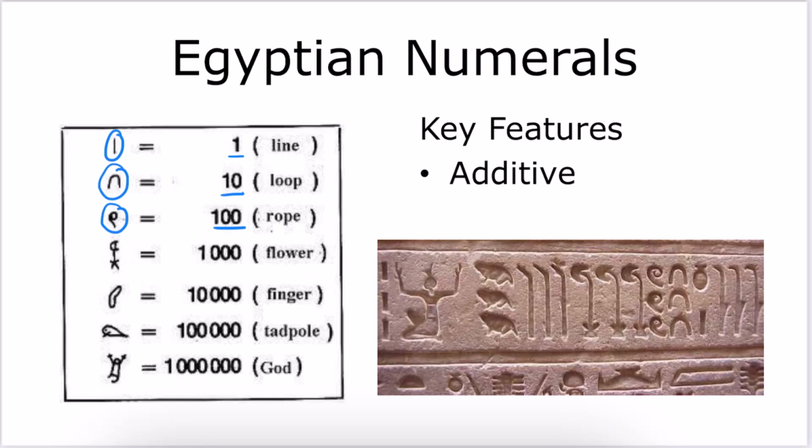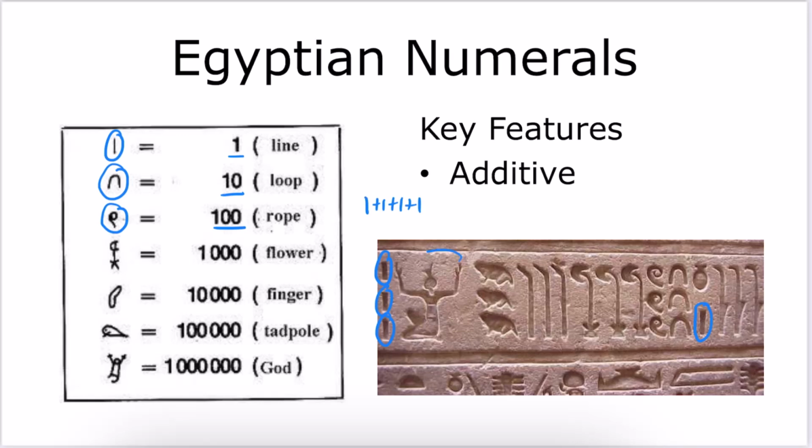And so when you look at an Egyptian hieroglyph, you basically just add together all of the numbers that are represented. So like this line and this line and this line and this line all represent ones. And so you could write this as 1 plus 1 plus 1 plus 1 plus 1.